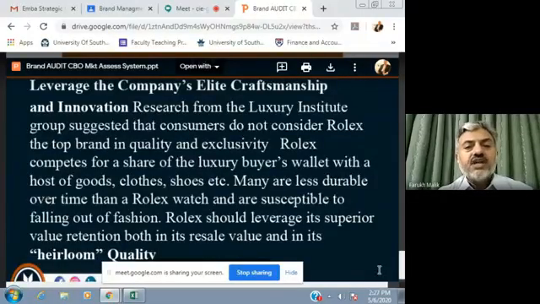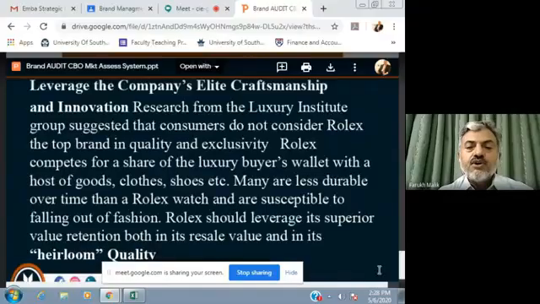They started off with precision in the early 20th century, and they worked their way upwards with elite craftsmanship and innovation. So these things have to be made known to the customers, and this would enhance the brand image and brand value of this brand.